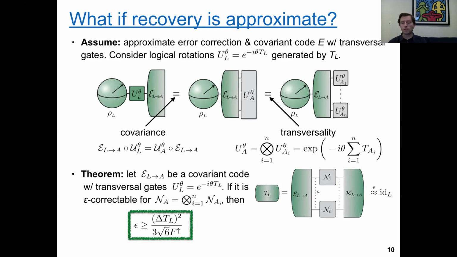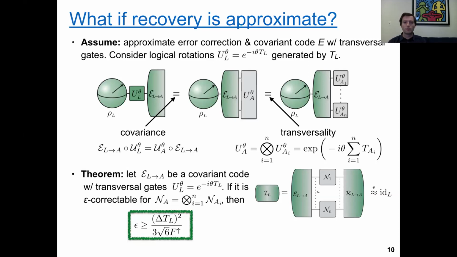This quantity depends on the eigenvalue spread of the generator which generates those logical rotations, delta T_L, and on some quantity f up, which I will explain in the next slide. It's some quantity which can be evaluated, and it comes from quantum metrological considerations.